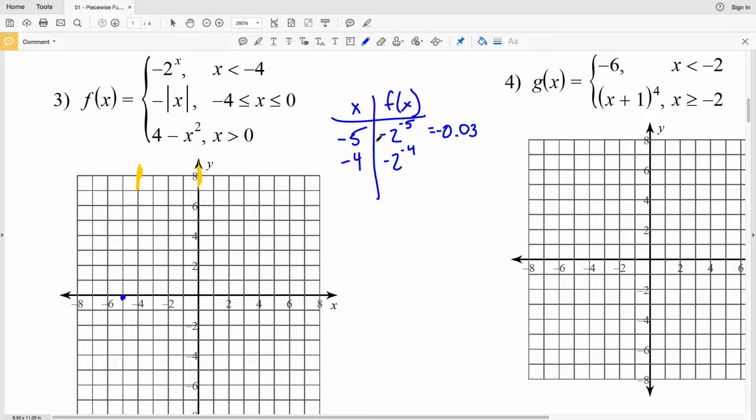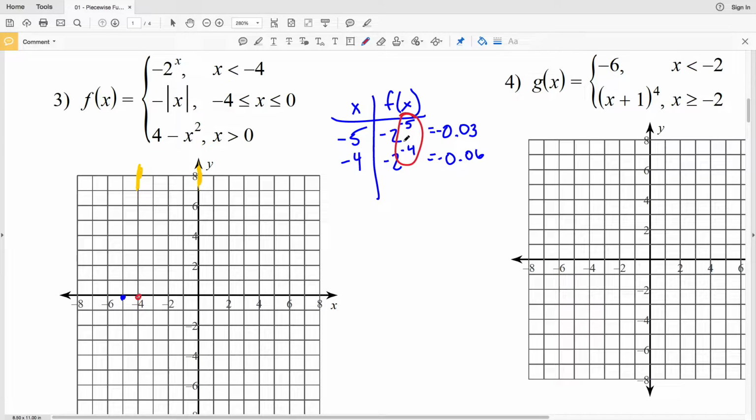And then for negative 4, we'll have negative 2 to the negative 4th, which is negative 0.06, rounding down. And remember, this is going to be an open circle because x equals negative 4 is not included in this part of the function. So finding negative 4, 0.06 is right below that x-axis. It will most likely look like it's touching how close it is.